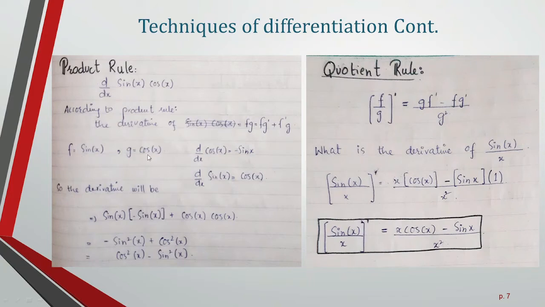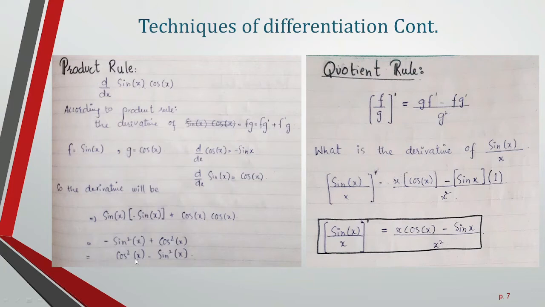The derivative of cos x is minus sin x and the derivative of sin x is cos x. So the derivative will be sin x into minus sin x plus cos x into cos x. So it will be minus sin square x plus cos square x. Simplifying this, the ultimate derivative of sin x into cos x will be cos square x minus sin square x.